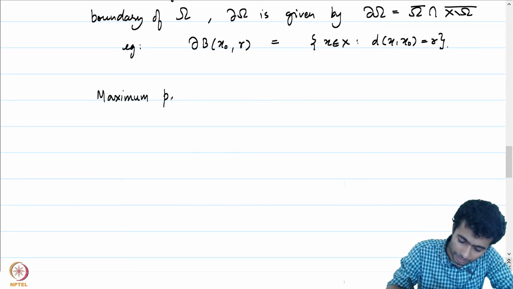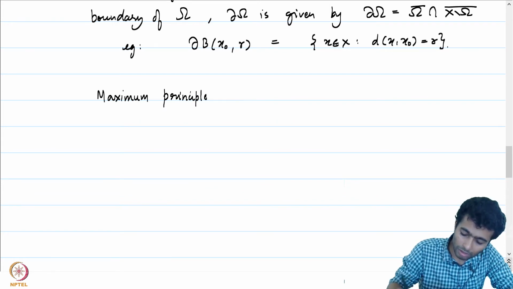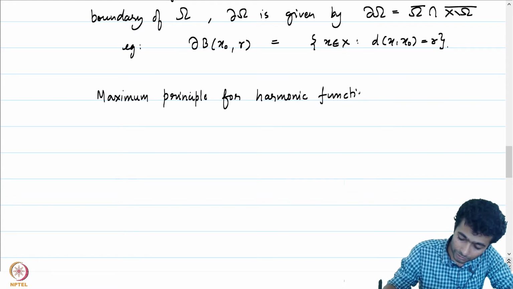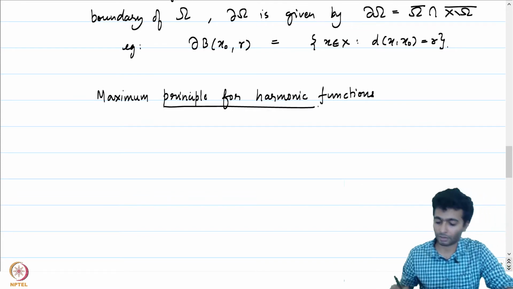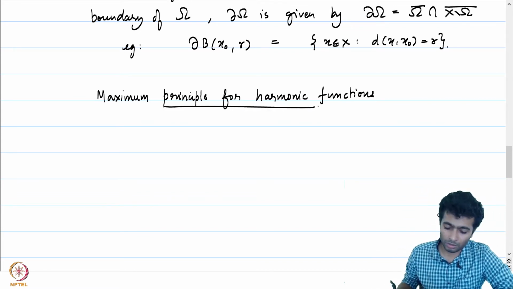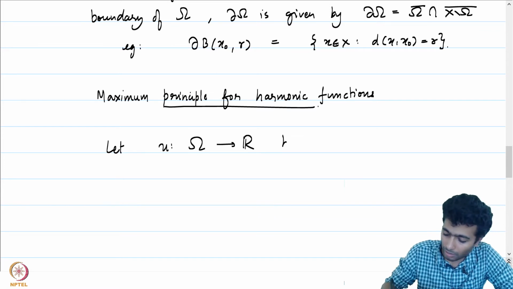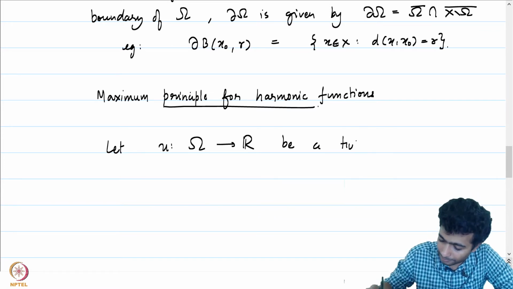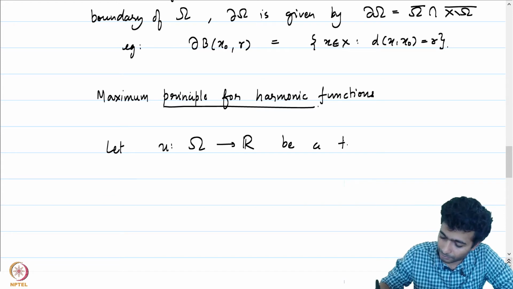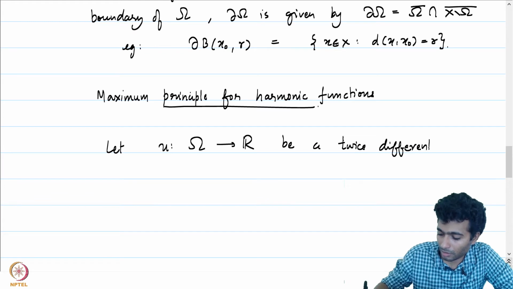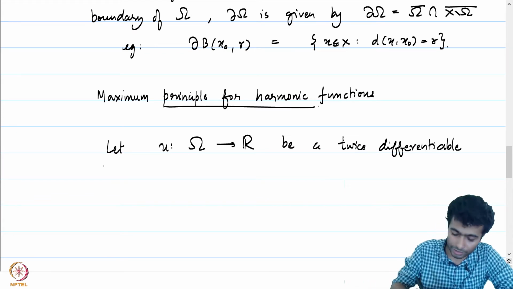So this is the maximum principle for harmonic functions. So recall that harmonic functions are those functions whose Laplacian vanishes. What is the statement of the maximum principle? Let u from omega into R be a twice differentiable harmonic function.